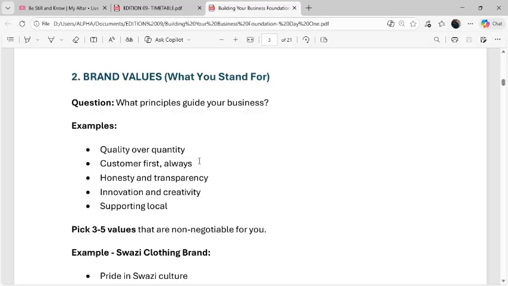Now let's look at this. Honesty and transparency. Oh my God, this one is very, very important. Let's say you told the customer that I will be done with your order in 24 hours. Now there comes 24 hours and you are not even calling the customer.